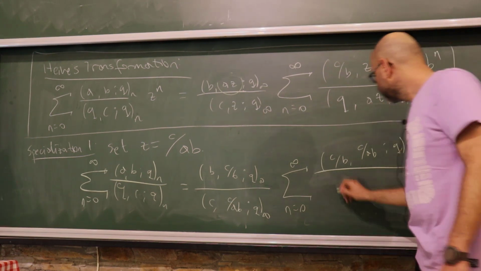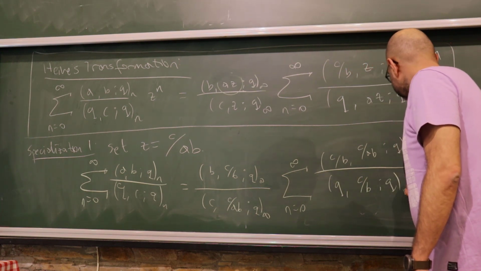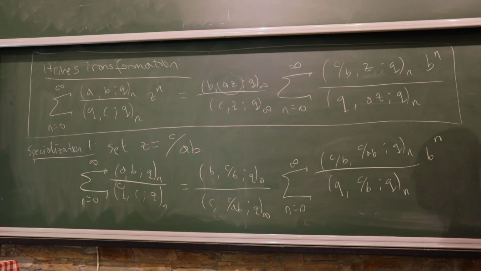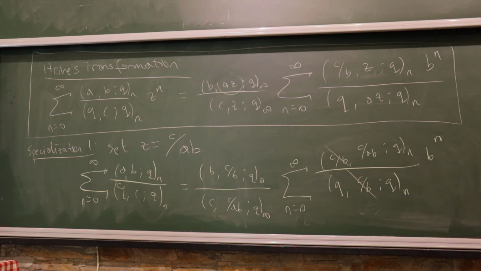C divided by B. B to N. And then there is a simplification inside the sum, C divided by B, Q sub N. They go away, and we are left with one parameter on top, no parameters other than Q. This calls for an application of the Q Binomial Theorem.